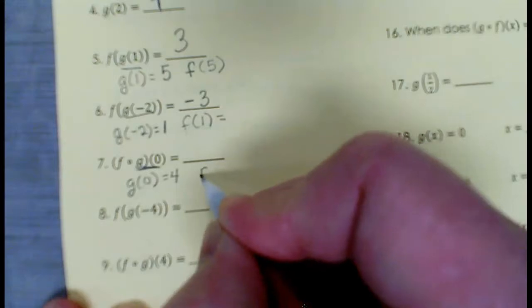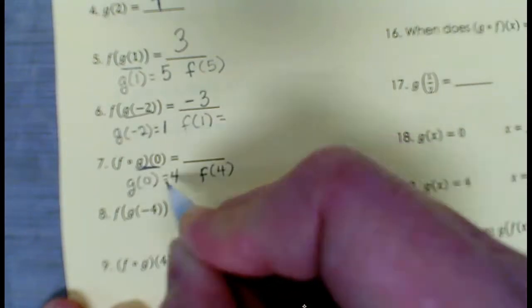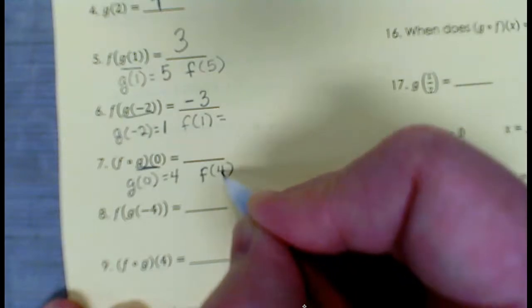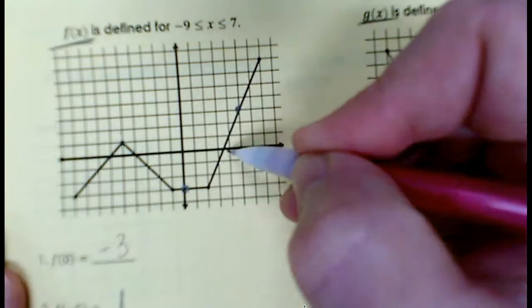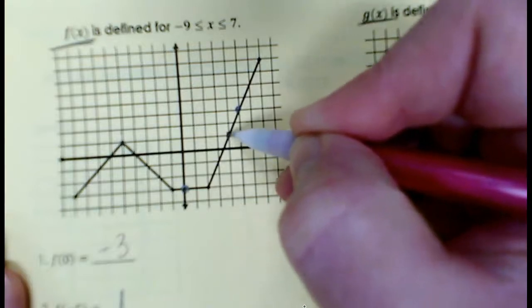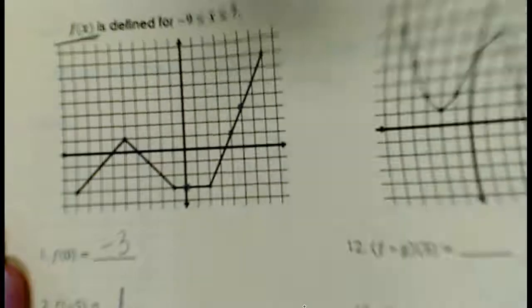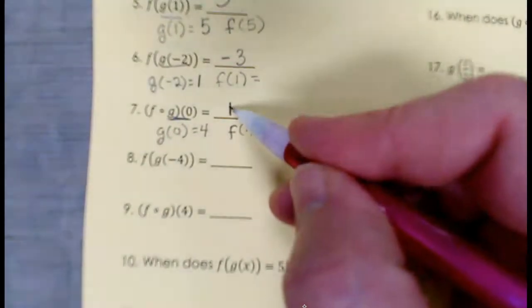Take that y value to the function called f, and that y value becomes the x value. F of 4 equals 1.